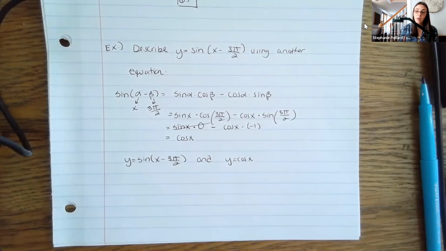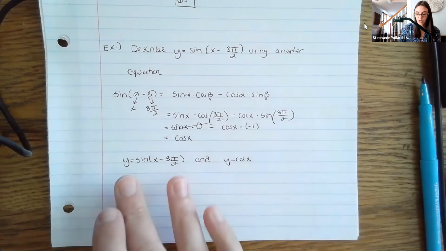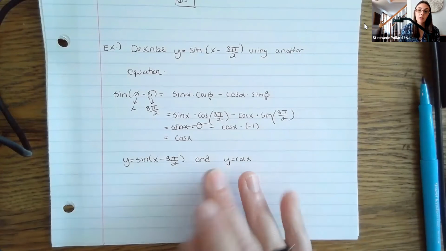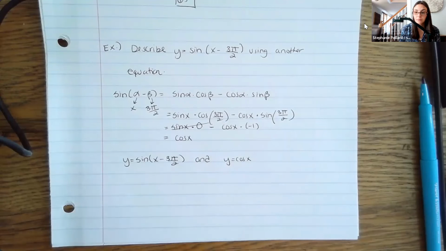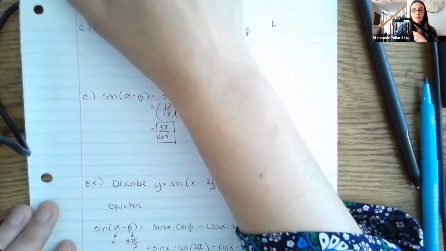Now, the other thing you could do is also verify this with a graph. So if you were to graph this equation and this equation, you should see that they're going to run the same picture there. And let's see if I can do that really quick with you guys. Sorry, bear with me one second.